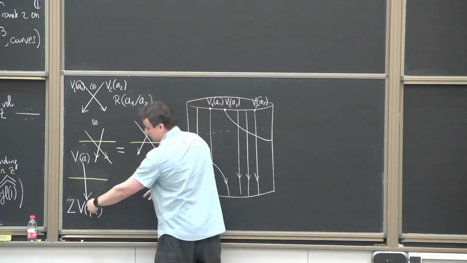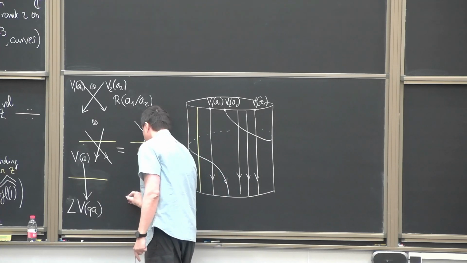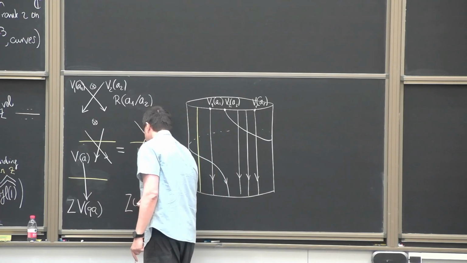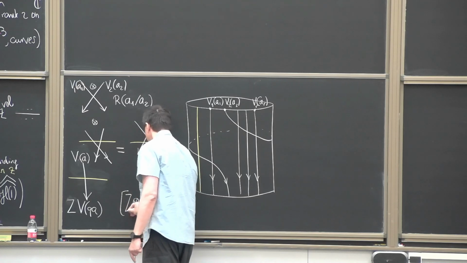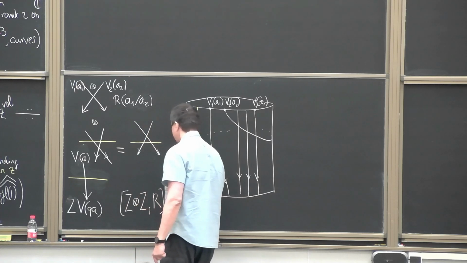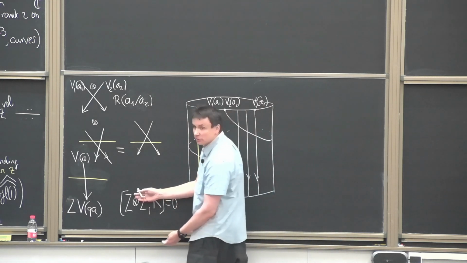So this shift commutes. And now if I want to have this expression, that means Z tensor Z has to commute with the R matrix. Right? So what are the elements that commute with the R matrix?